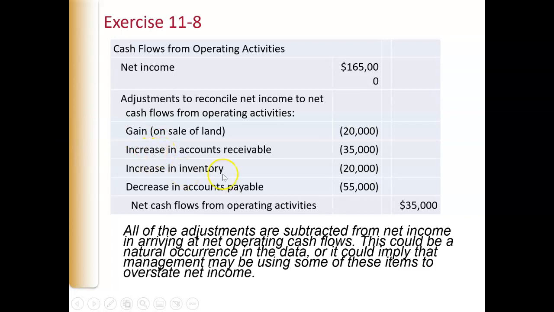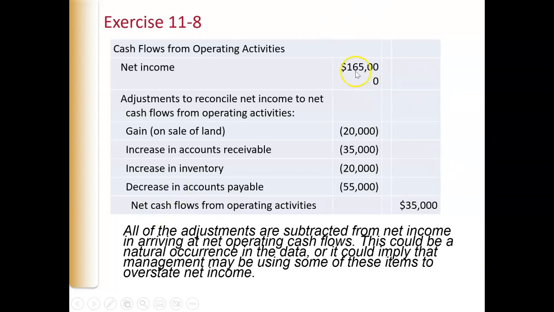If there's an increase in inventory, we are going to subtract it, because we somehow got more inventory and we used cash to get that inventory. And then if you think about it, a decrease in accounts payable, we used cash too. Because to reduce our accounts payable, the only way you reduce it is by what? Pay it off.